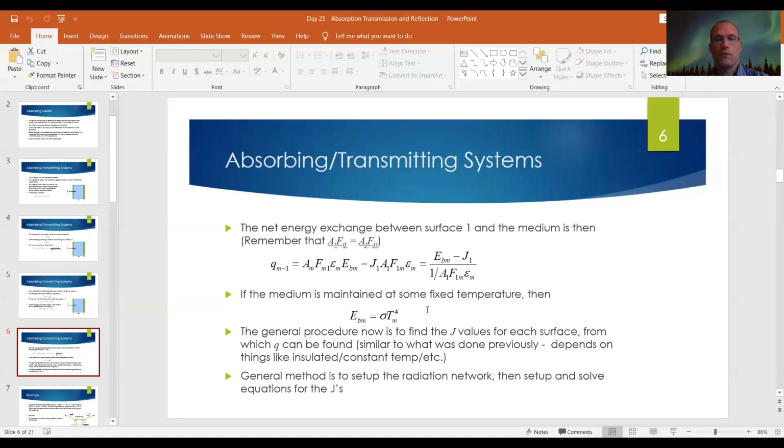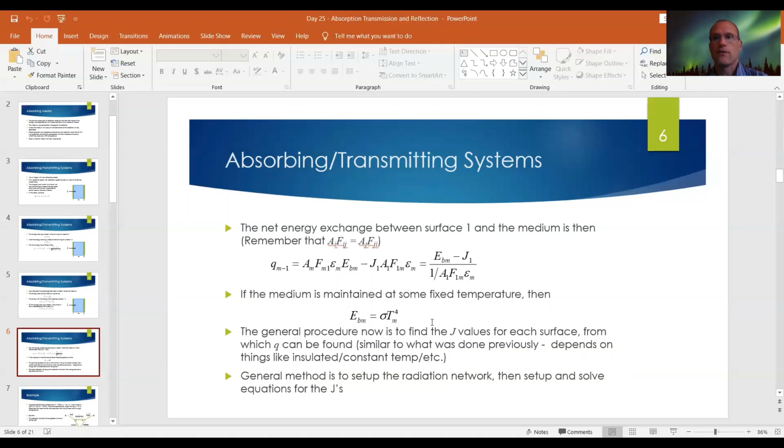Again, as mentioned before, if my medium is at some fixed temperature, then E_bM is just sigma times the temperature to the 4th power, of course in Kelvin. And so now it's basically the same as what we did before. I want to find all my J values for all the surfaces. So generally I have 3 objects, so I'm going to have that triangular radiation network. So 3 J values: J for object 1, J for object 2, and a J value for the medium.